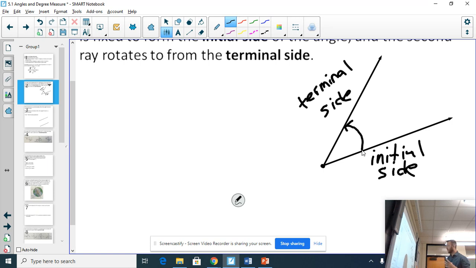And then the point where they are fixed is called the vertex. And then usually we give angles names, and a very popular name to give is the Greek letter alpha, and it kind of looks like a weird A/fish. That's how I write alpha.